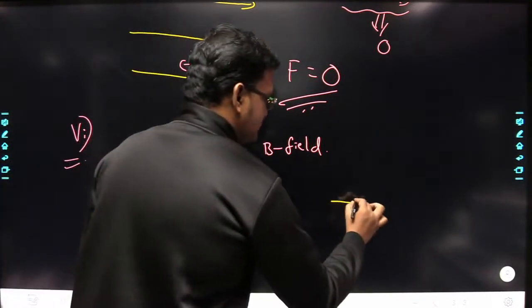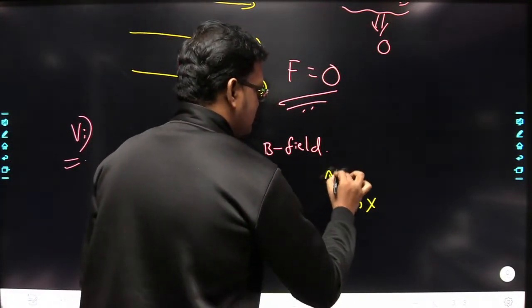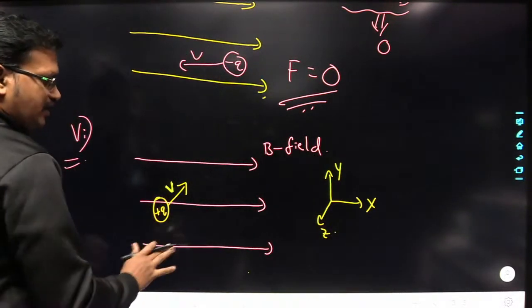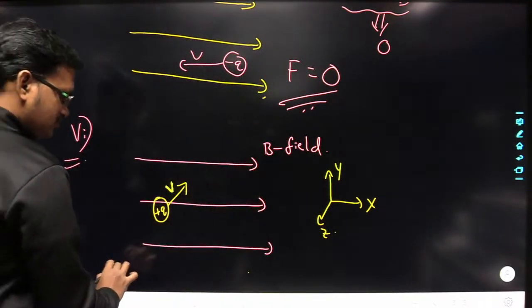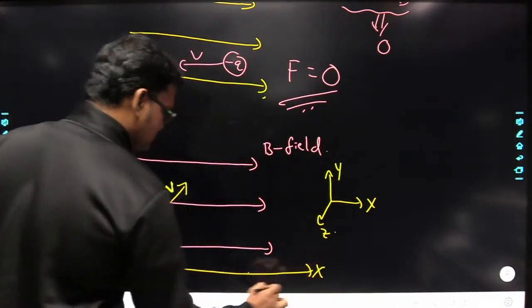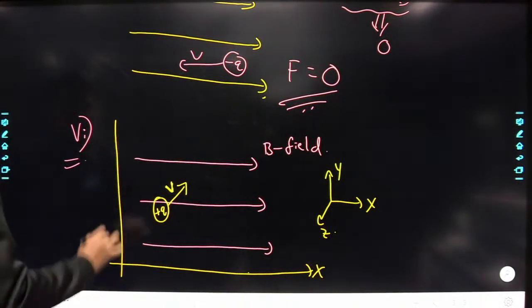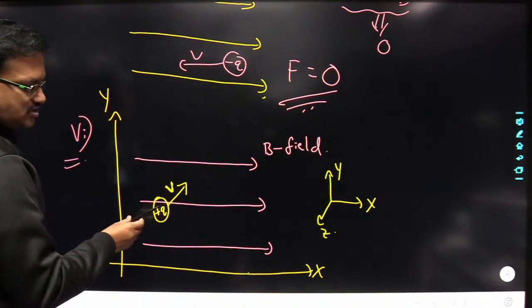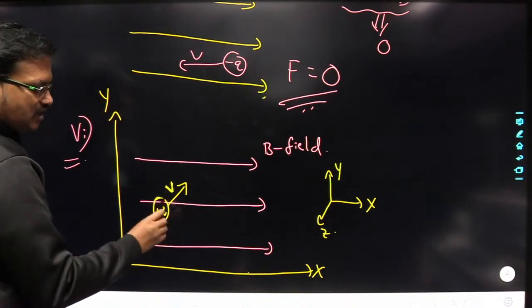So this is the x-axis I have given, this is the y-axis, and this is the z-axis, right? So it is the xy plane. Let us consider this as the x-axis and this as the y-axis. Now the charge is neither moving along x nor along y.